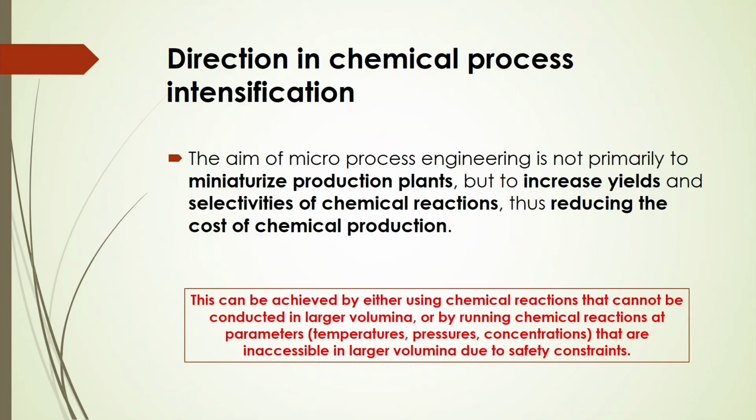So, the main aim of microprocess engineering is to miniaturize the production plants, increase yields and selectivities, and also reduce the cost of chemical production.